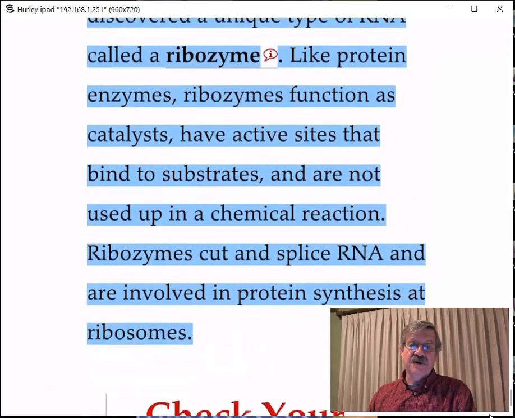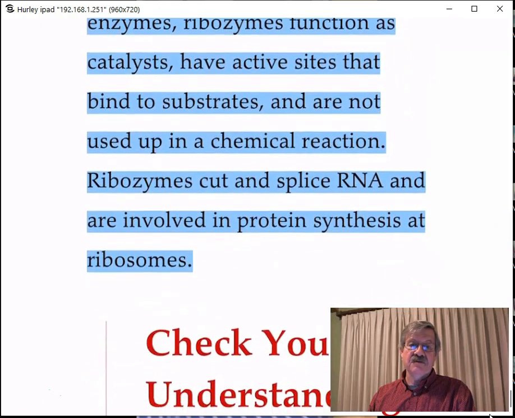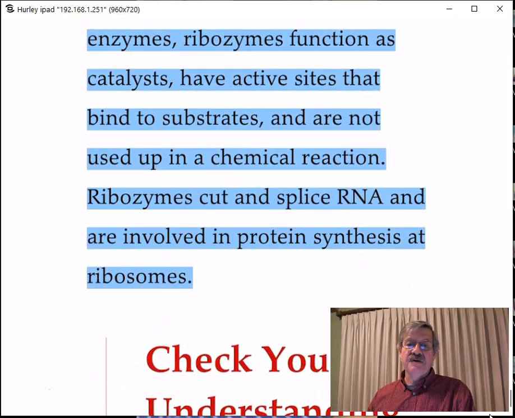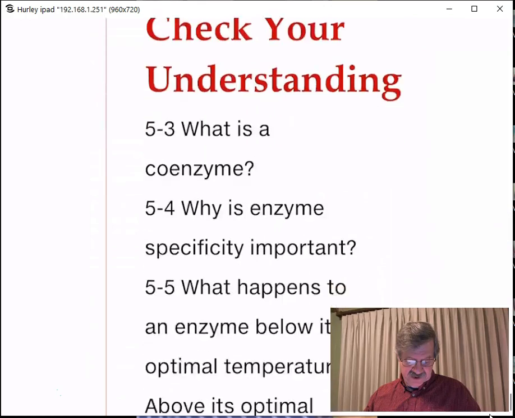But if you read on down through this, what you find is that ribozymes are very limited in the type of activities they carry out. So basically, notice right there, ribozymes are going to cut and splice RNA and are involved in protein synthesis at the ribosomes. So pretty limited in what they will do.